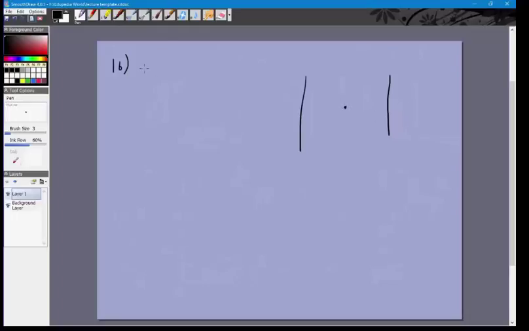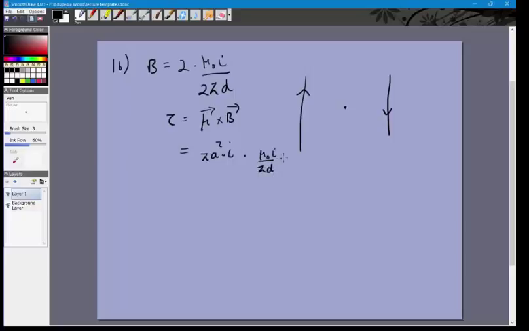So if they are in the opposite direction, the magnetic field due to them will be 2 times mu naught I by 2 pi d. Right, they'll be in opposite direction, so the magnetic field will add because of them. Right. Now this is the magnetic field. We know that torque is equal to mu cross B. Mu is, now we don't have to worry about anything else because the loop is very small now. So for the loop, the mu will be pi a squared times I into B, that is mu naught I by pi d, into sine theta.